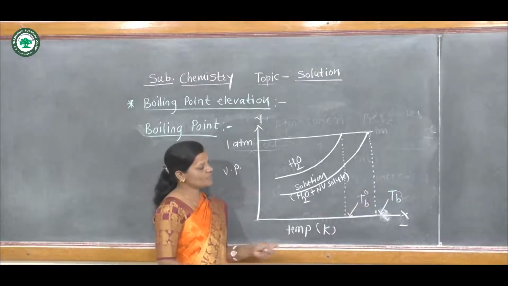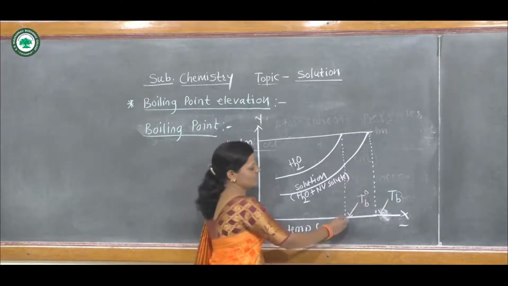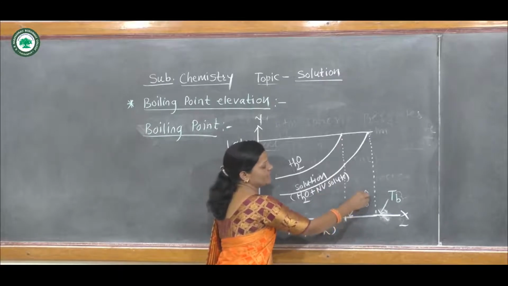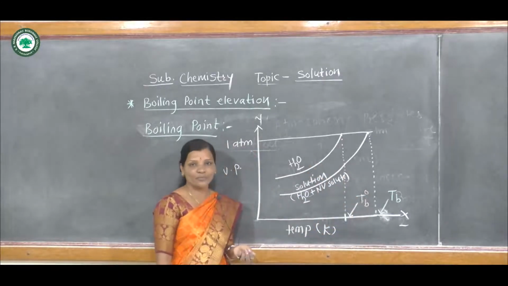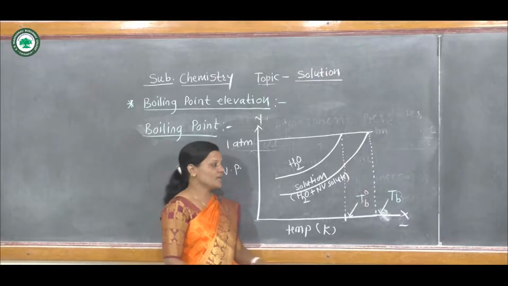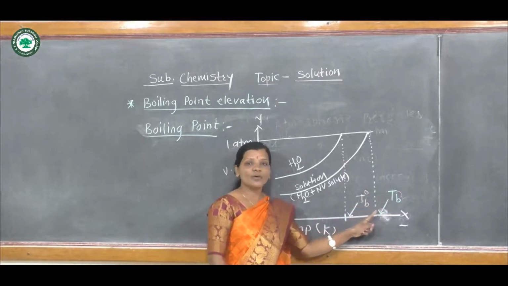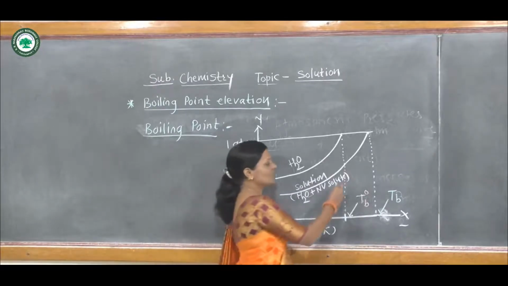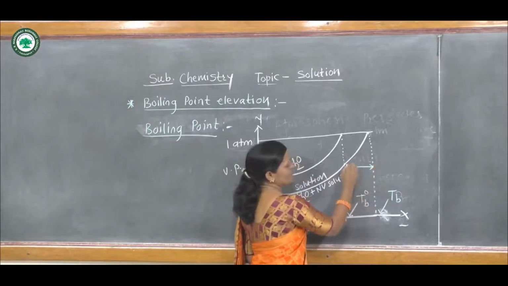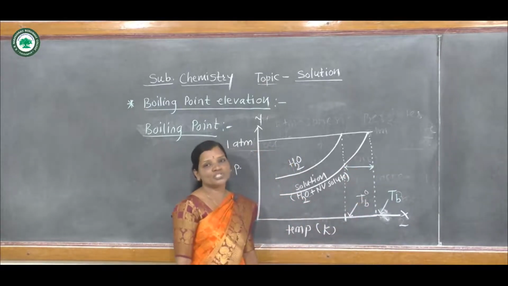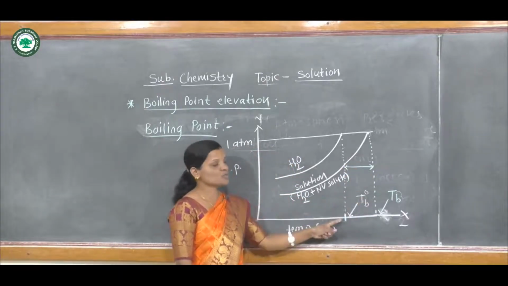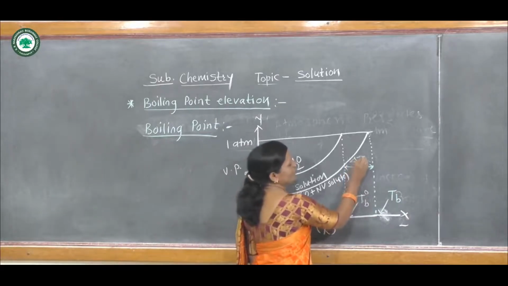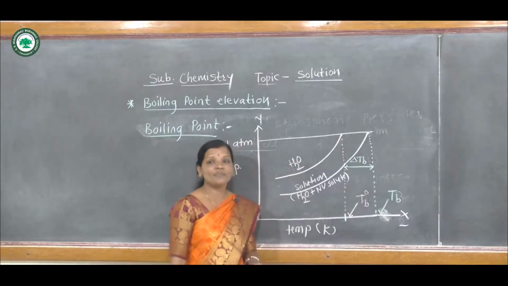Now if we observe this graph, then this corresponding temperature, that means T degree B, is the boiling point of the pure solvent, that is water. Here TB is the boiling point of the solution which contains non-volatile solute, and hence the difference between the boiling point of the solution and the boiling point of the solvent is called elevation in boiling point, and that is indicated by delta TB.